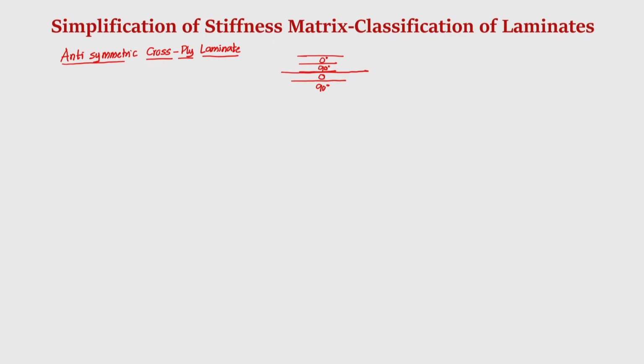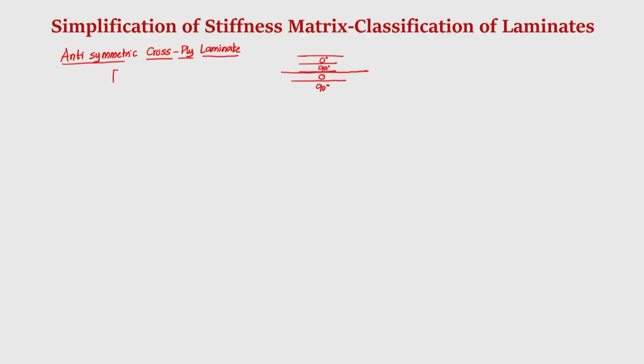So, this is an antisymmetric cross ply laminate. Like for antisymmetric angle ply, for each plus theta there is a symmetrically placed minus theta. Here for an antisymmetric cross ply laminate, for each 0 degree there is a symmetrically placed 90 degree layer made of the same material. That is why it is called antisymmetric cross ply.